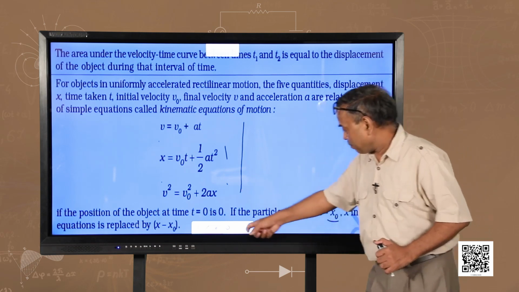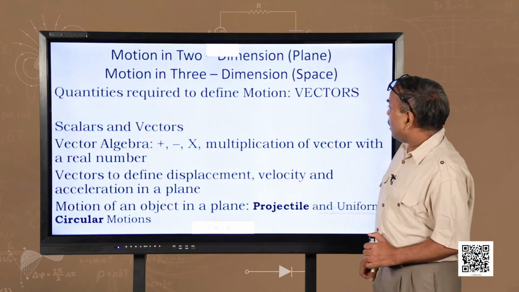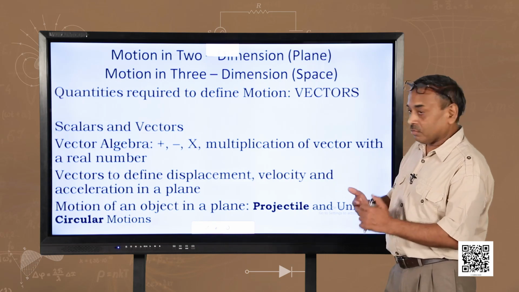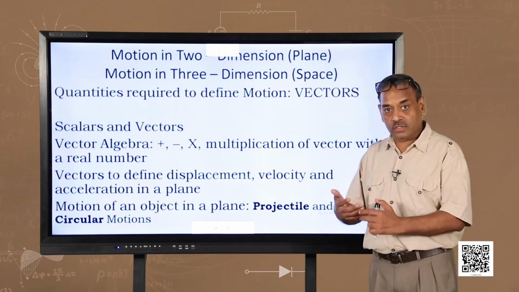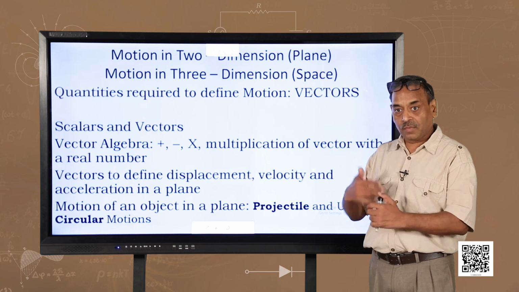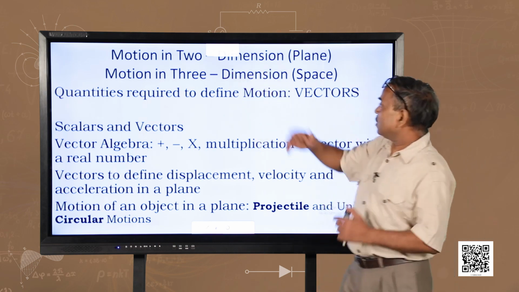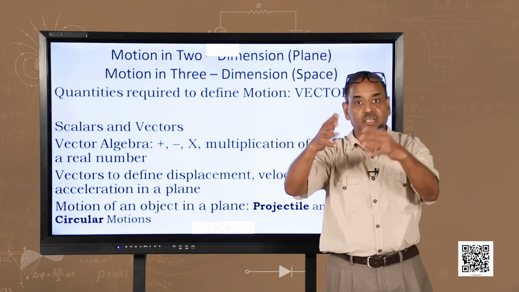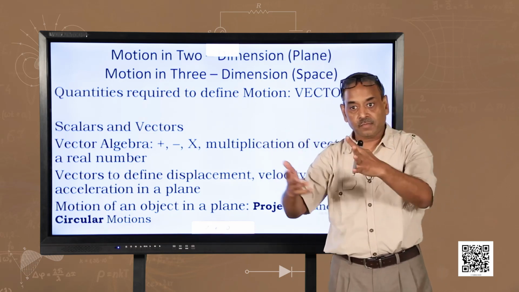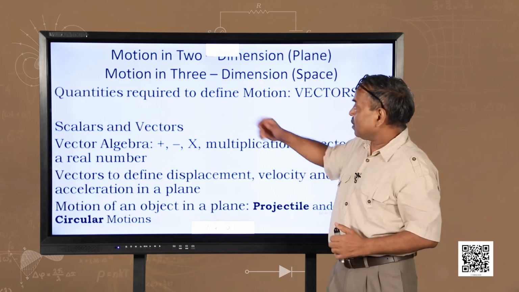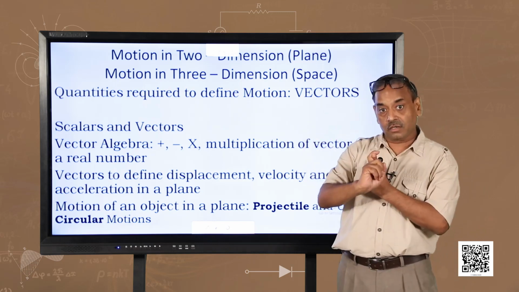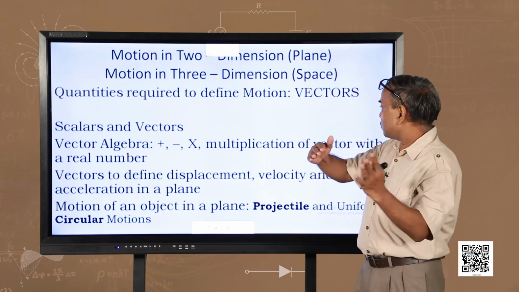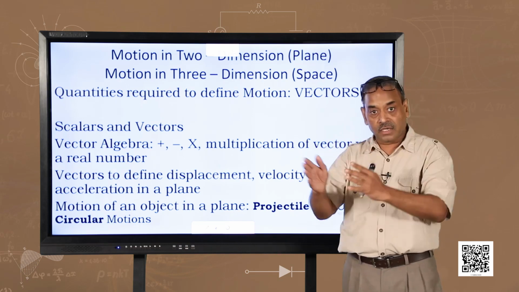Now let us go for this. How do we study this motion in a plane? Motion in 2 dimensions, in a plane, and motion in 3 dimensions, in all those directions, is motion in space. Now in this case you have to define the things through different directions.